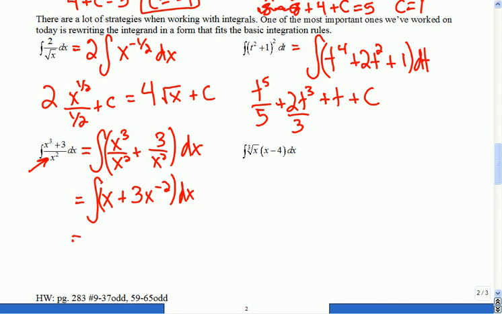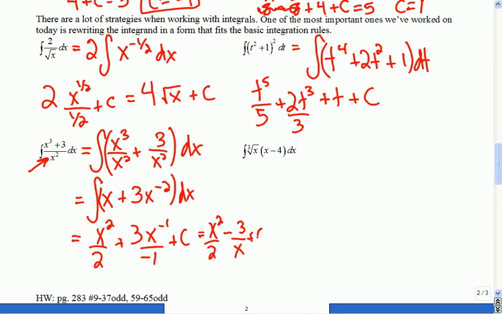So it's going to be x squared over 2 plus 3x to the negative 1 over negative 1 plus a constant. So I could call that x squared over 2 minus 3 over x plus a constant.